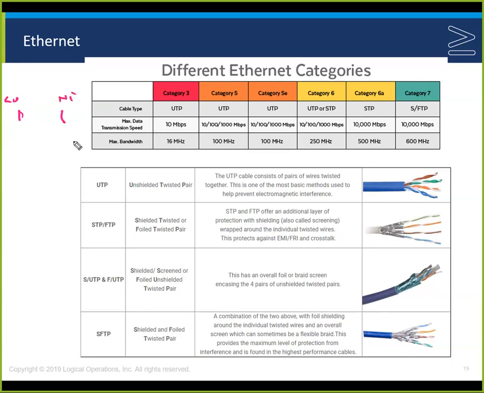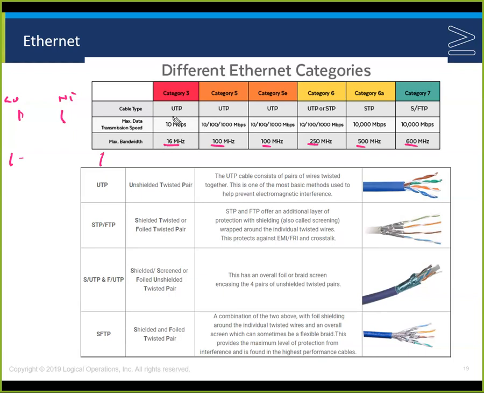And why is this significant? If we have this much bandwidth, and then we have this much bandwidth, as we increase the bandwidth here, we got 250, 500, 600, we can put more signal in here. So the bigger the bandwidth that we have in these things, the more signal that can go on these things.